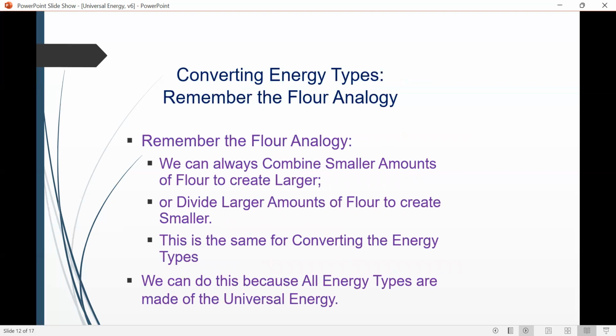So remember the flour analogy when converting energy types. You combine flour to make it larger, or you divide up the flour to make it smaller. Same thing with our energy fish. Universal energy is what each thing is made of. We're just going to combine the smaller packets into a large one, or divide a large package into smaller bits.